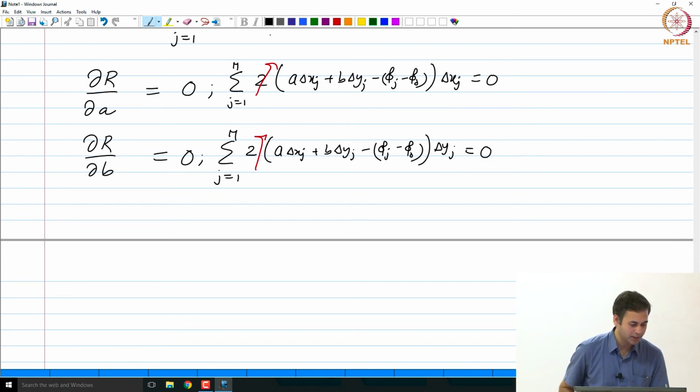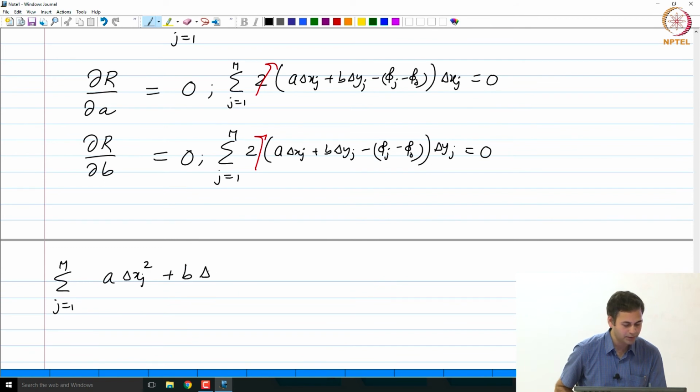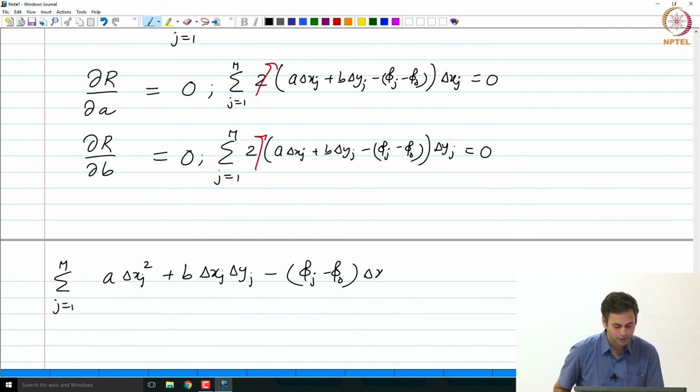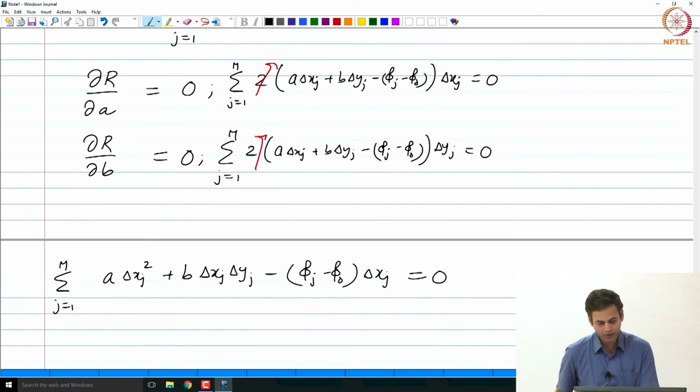This is basically sigma j equals 1 to m. How much would this be? This would be a times delta x j square plus b times delta x j delta y j minus phi j minus phi 0 times delta x j, equals 0. What is the other equation?